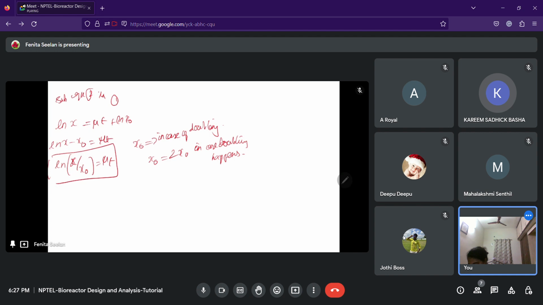We are given that doubling happens every 45 minutes. At the initial level it was X naught. During the exponential phase, when doubling is happening, it is 2X naught. So let us consider that as the final concentration during doubling, and instead of X we will put 2X naught.